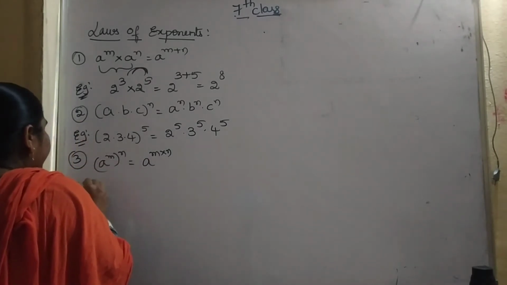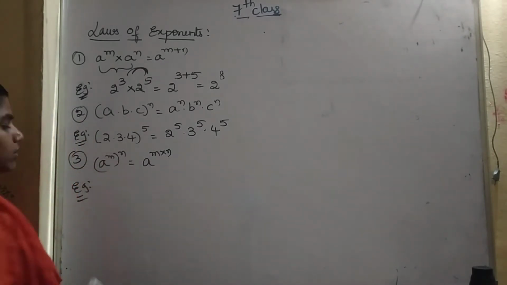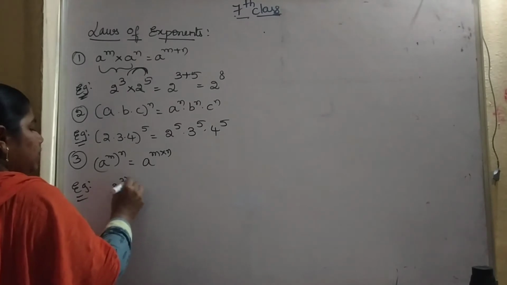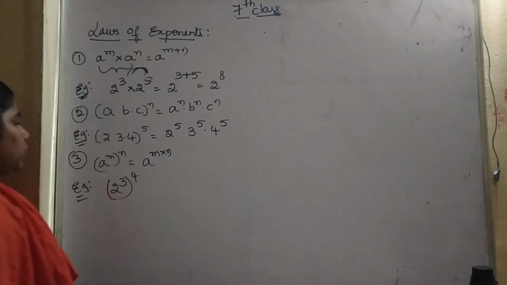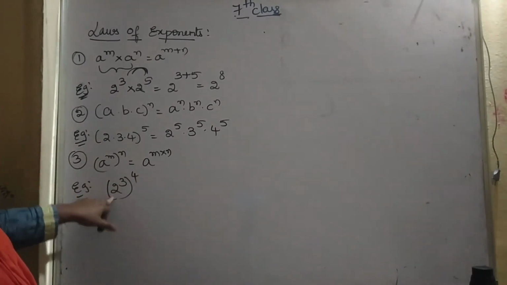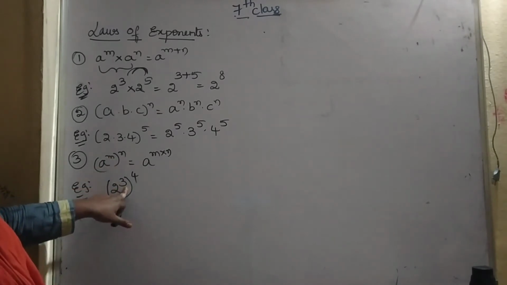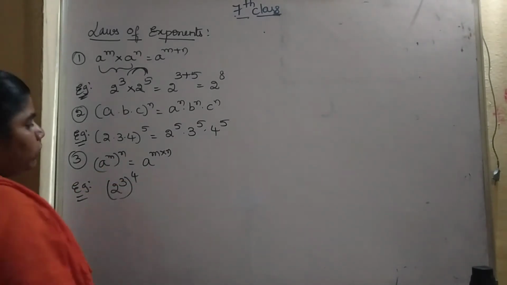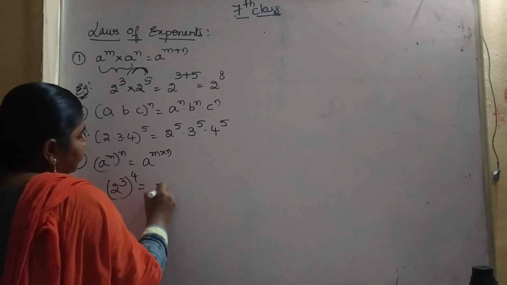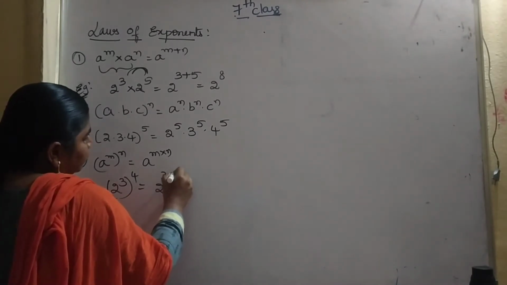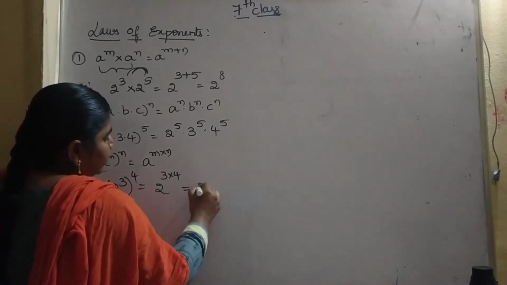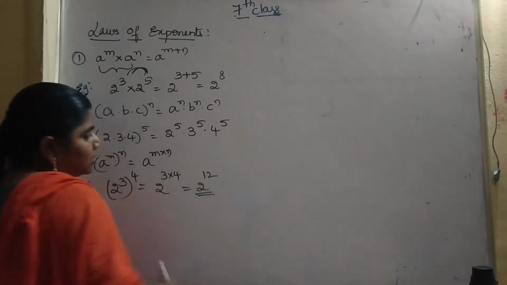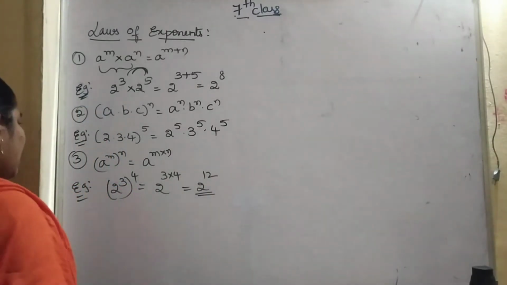For this we will take one example, 2 power 3 whole power 4. Here a value is 2, m value is 3 and n value is 4. We multiply the powers, that is 2 power 3 into 4, which will be 2 power 12. So 2 power 12 is our answer.